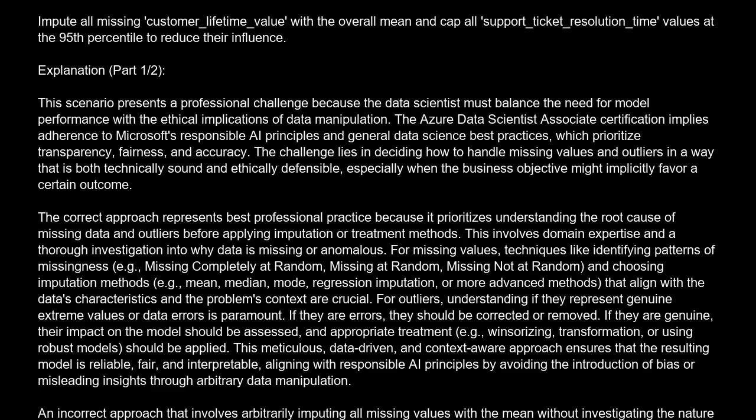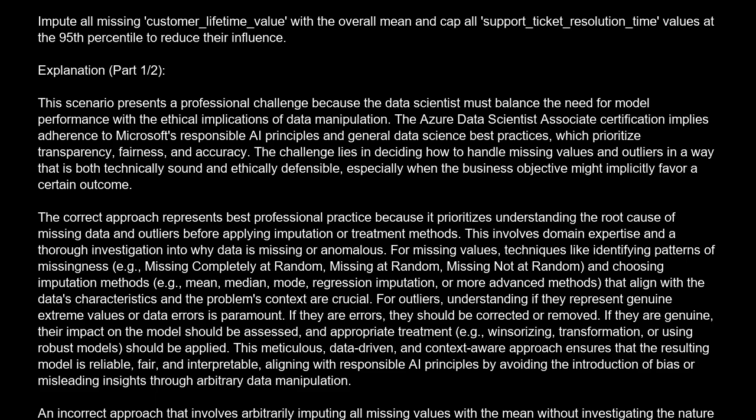The correct answer is C. Impute all missing customer lifetime value with the overall mean and cap all support ticket resolution time values at the 95th percentile to reduce their influence. Explanation. This scenario presents a professional challenge because the data scientist must balance the need for model performance with the ethical implications of data manipulation.